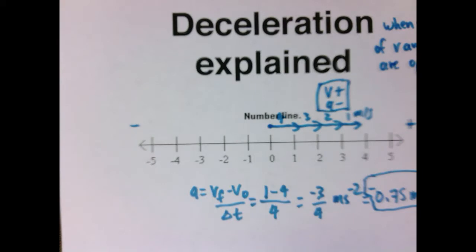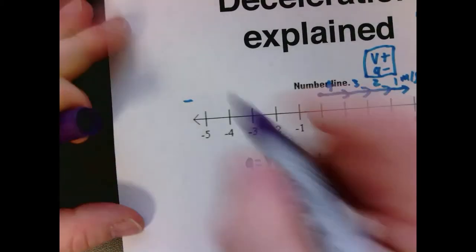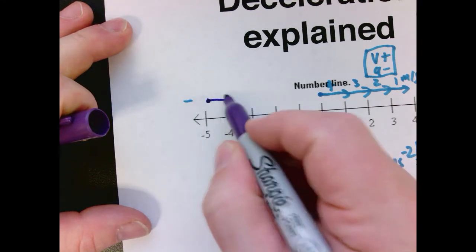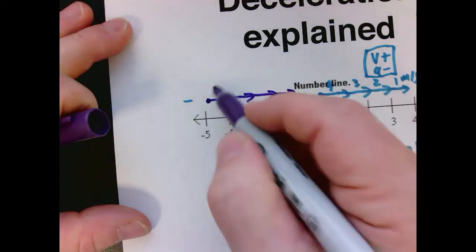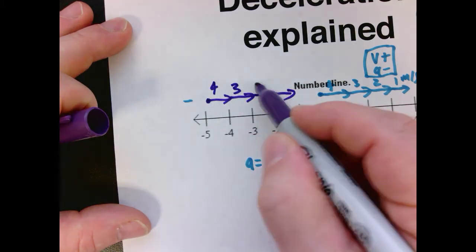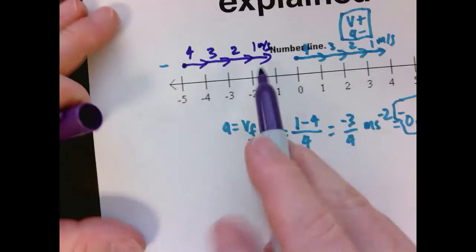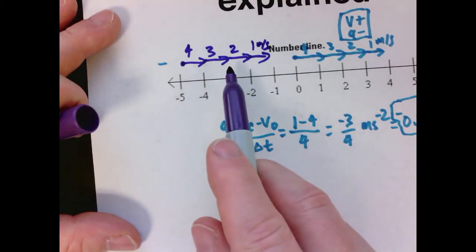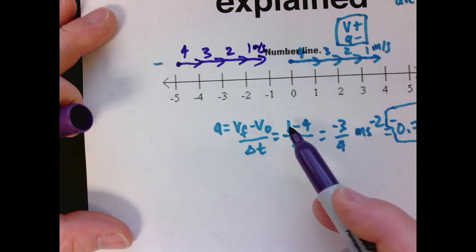So let's consider a second case over here. Let's do the same numbers. So we have positive 4, positive 3, 2, and 1 meters per second. You can see that the numbers will be exactly the same. Our final velocity is 1 meter per second.